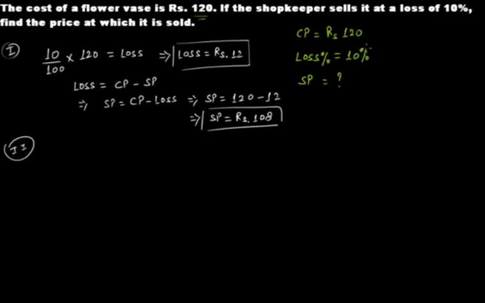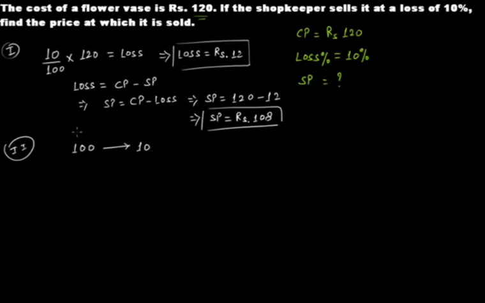It means that if your cost price is 100, you incur a loss of rupees 10. Why? Because loss, profit, percentage, these all are calculated on cost price. So 10% means that if your cost price is 100, you incur a loss of 10.